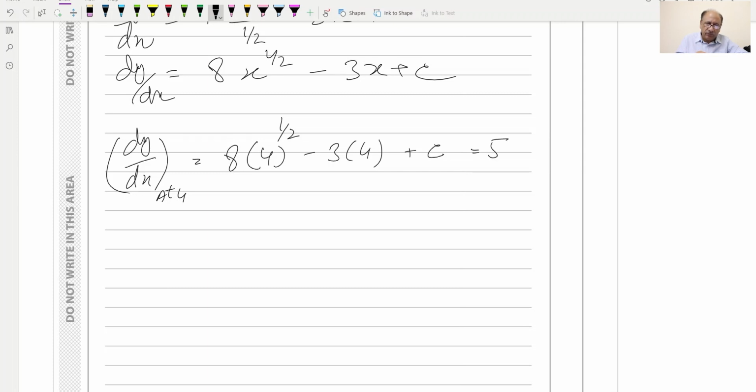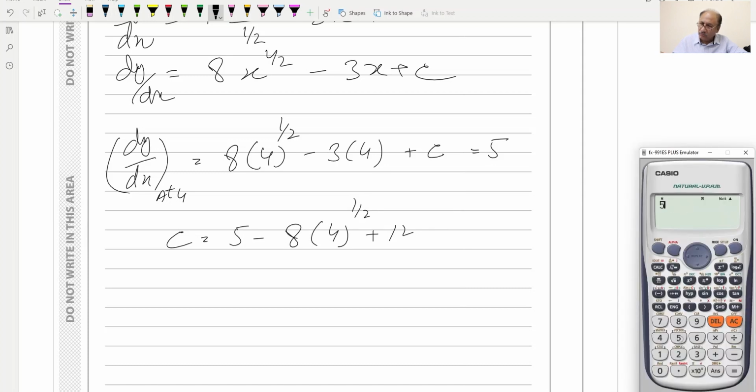So here we can write c is equal to 5 minus 8 into 4 raised to 1 by 2 plus 4 into 3, which is 12, and we can use a calculator to solve. So 5 minus 8 times 4 raised to the power 1 by 2 or 0.5, and this bracket will be closed, and plus 12, and this will be equal to 1.